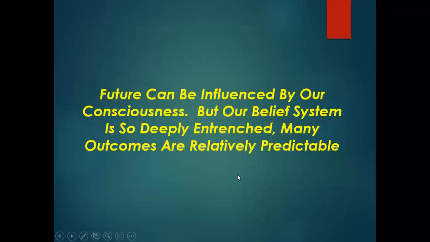The bottom line is, the future can be influenced by our consciousness, but our belief system is so deeply entrenched in our mind that many of the outcomes are relatively predictable. And that's how we build a system to predict the future.